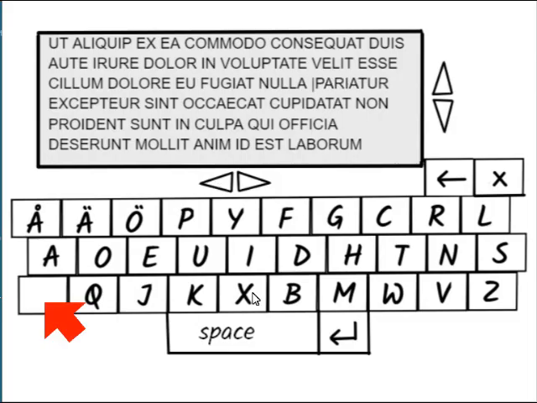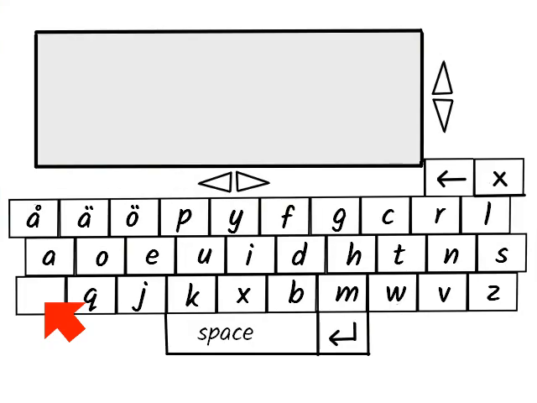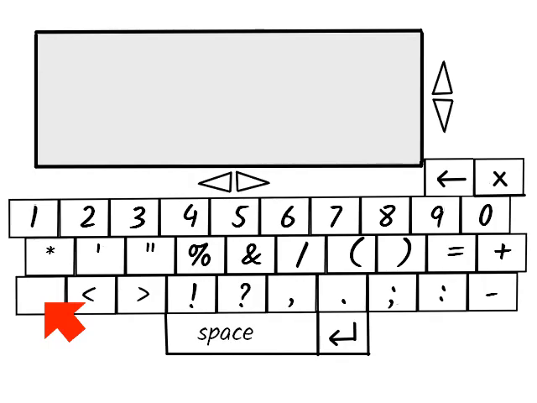Over here I have an empty key. I could use that for shifting the keyboard between upper case and lower case as a shift key. I could have an additional setting making the keyboard contain numbers, punctuation and other useful signs, giving the keyboard more functions.